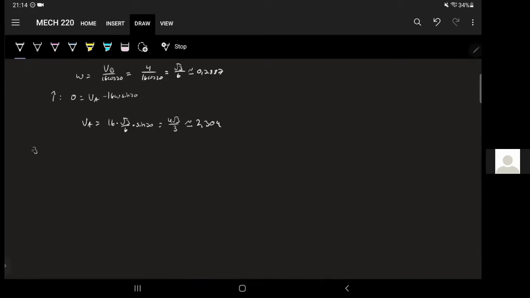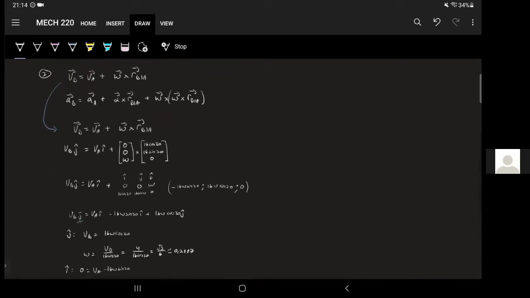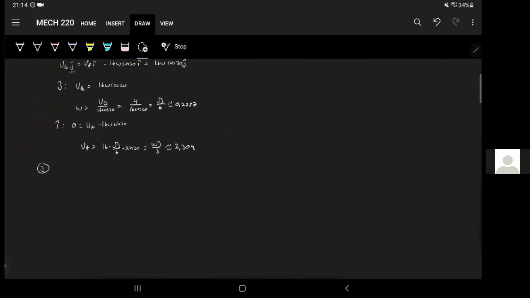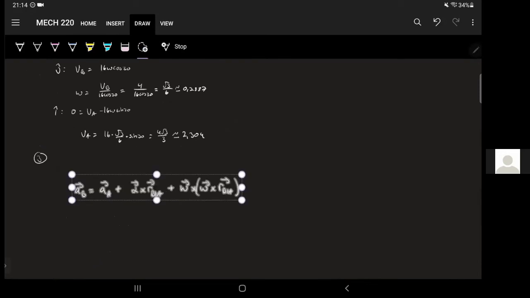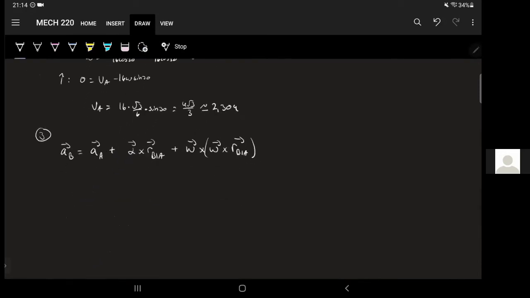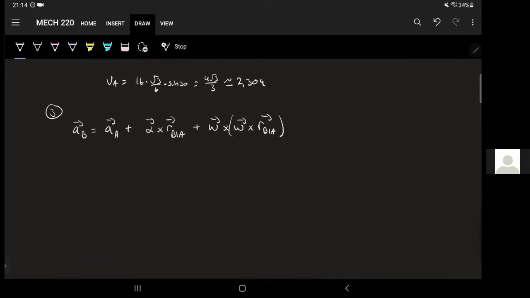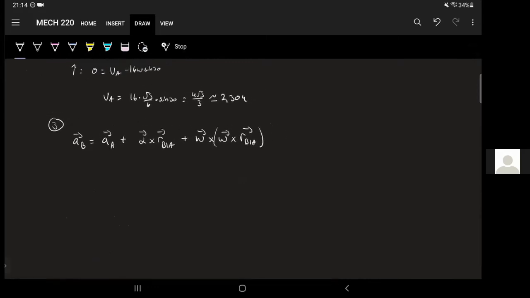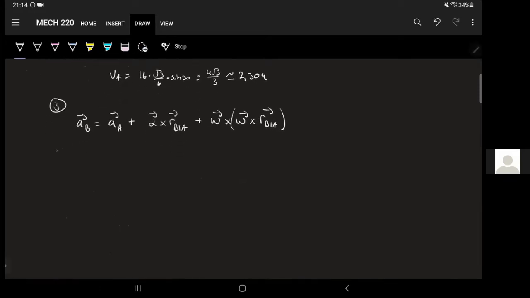Then once we have this equation, we can do the same thing basically, but this time using the acceleration equation. So once again, we know the acceleration of B is gonna have to be in the j component, right?